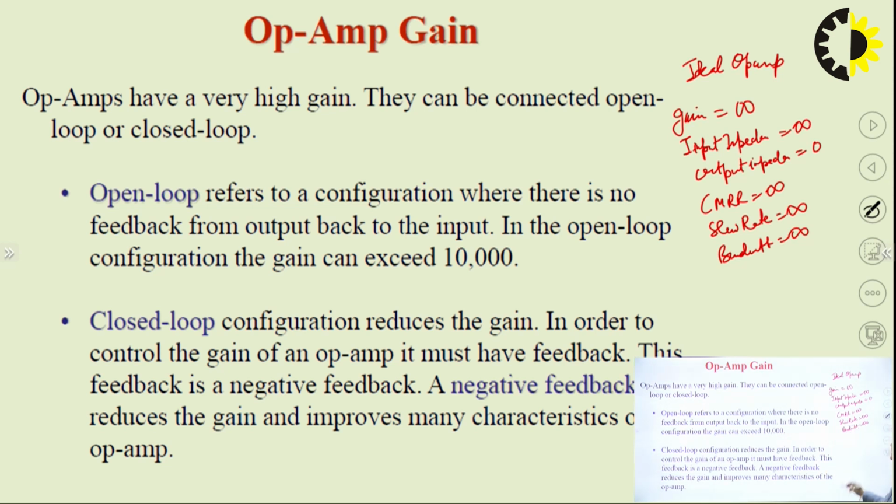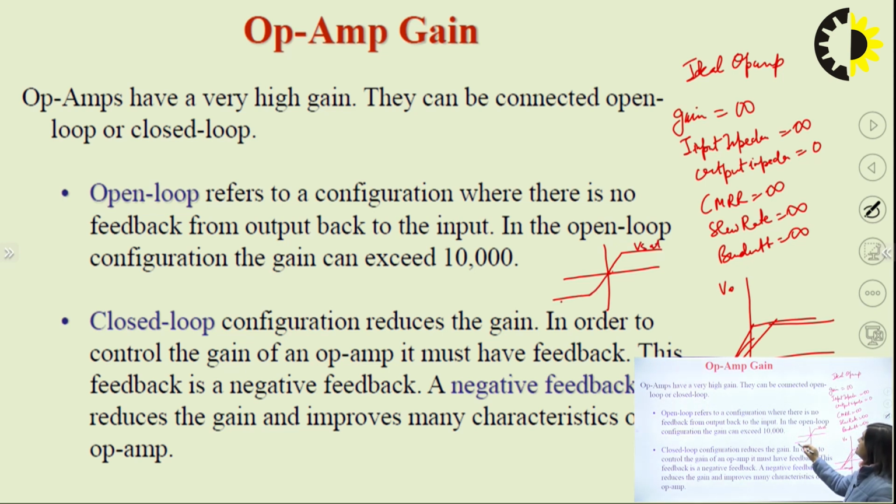So generally, if we plot a graph between the input voltage, that is the difference between V1 and V2, and output voltage, it would be in this pattern. Here it will be plus V sat, and here it will be minus V sat.